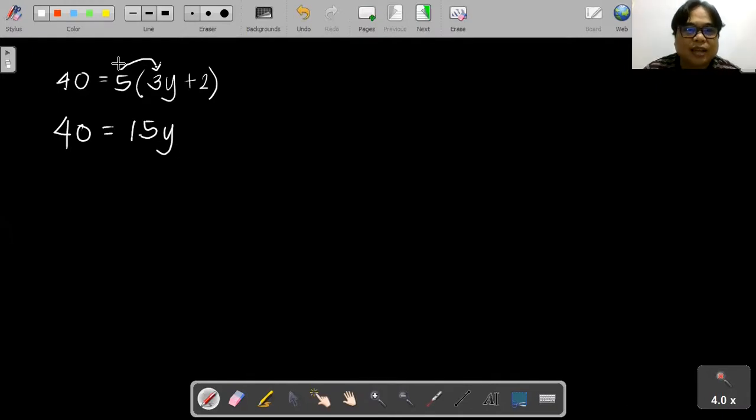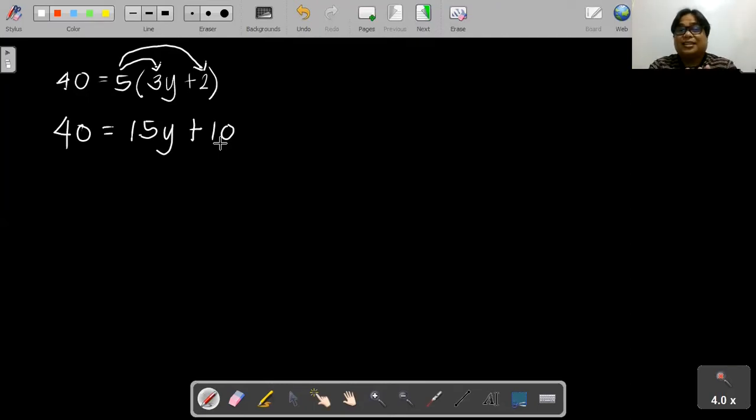Next, multiply it once again to 2. So 5 times 2, that's plus 10. By doing that, you have already eradicated the parentheses, and now we're free to do what needs to be done.